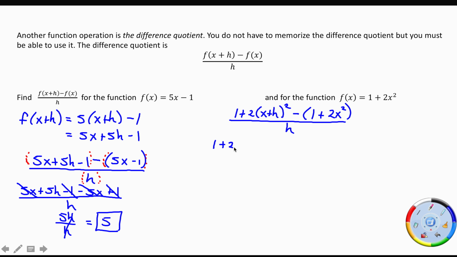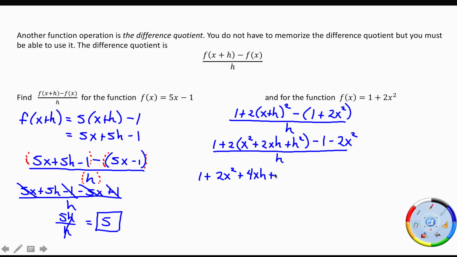So I'm going to multiply this out first and distribute that negative. I'd have 1 plus 2. Remember our shortcut for multiplying this out. Square the first one. Multiply everything together and double it. And square the last one. Minus 1 minus 2x squared all over h. Now I've got to distribute this too. 1 plus 2x squared plus 4xh plus 2h squared minus 1 minus 2x squared all over h.